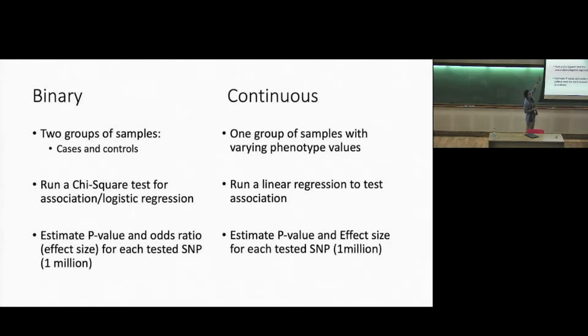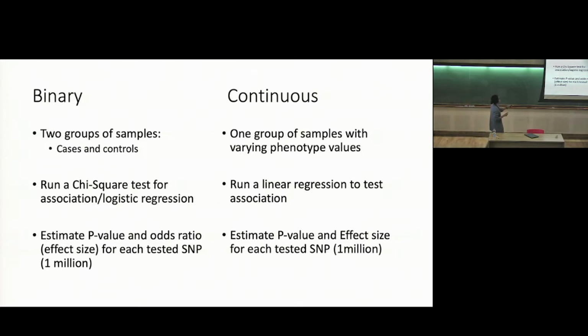Your sample collection, genotyping, everything is the same. What differs is how you run your statistical test. The kind of test you run is called a chi-square test for a binary trait. The kind of test you run for a continuous trait, which Kavita also mentioned, is a linear regression, okay? Each of these tests will give you a p-value and an effect size. So it's not like one of them gives you the p-value and that effect size.